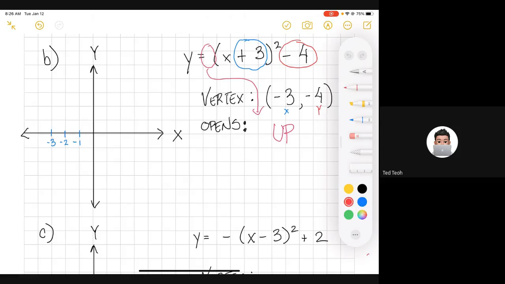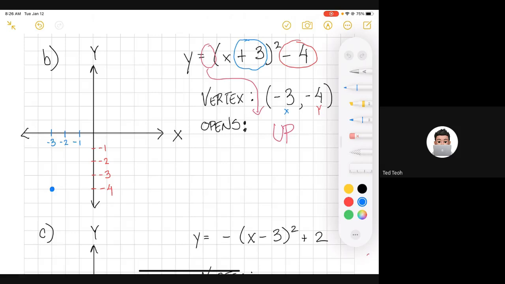The y is negative 4. Negative 1, negative 2, negative 3, negative 4. Okay, and where those 2 lines meet, which is right here, is my vertex. So I'm going to do a dot where my vertex is. All right. So that is step 3.